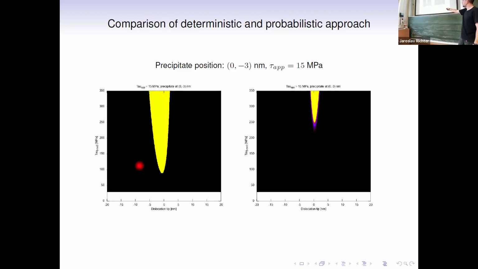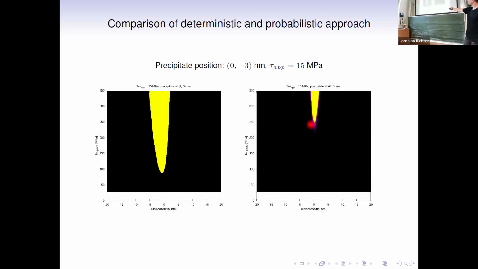And the black region is the zone configuration of the distance versus the stress in which the cross-slip never happens. The yellow one is the zone in which the deterministic cross-slip happens.